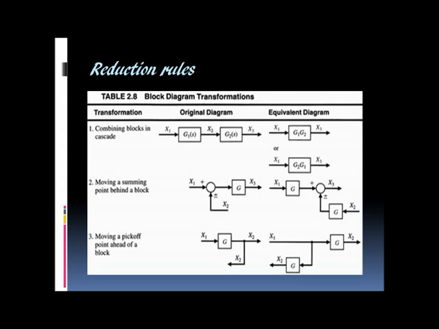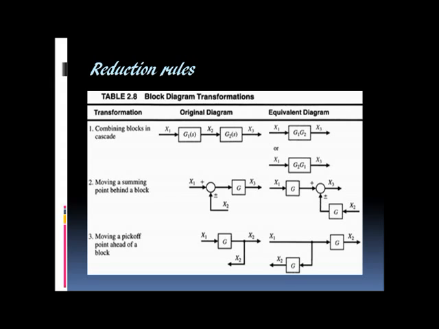We are now going to look at the block diagram reduction rules. Our first rule is cascading of two blocks. We have blocks G1 of S and G2 of S here. When you have two blocks with signals going in the same direction, those two blocks can be cascaded or combined into a single block.